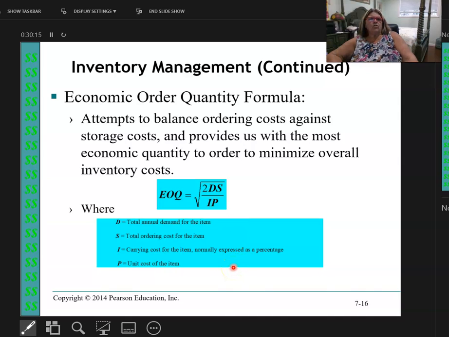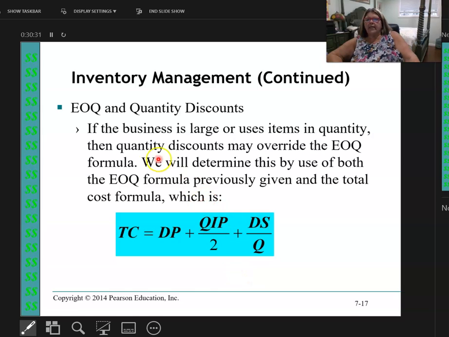Okay? So this is the EOQ, the economic order quantity. What's the best quantity that I should order when I do reorder? Now there's another formula that's similar. Instead of using the EOQ, I might actually use this one if the business is really, really large or I use a lot of items in quantity.